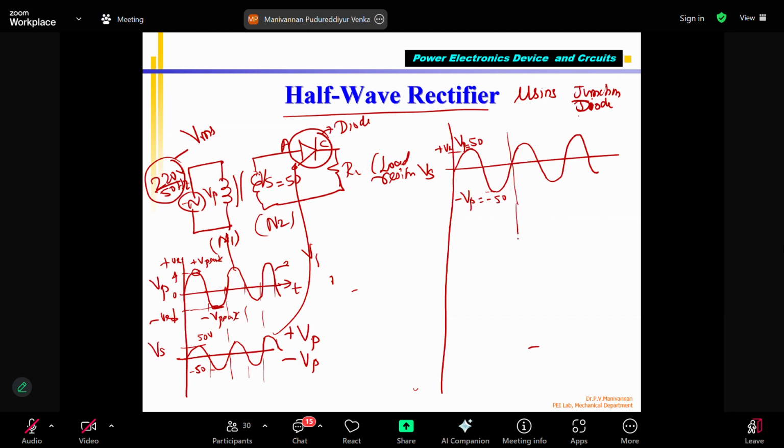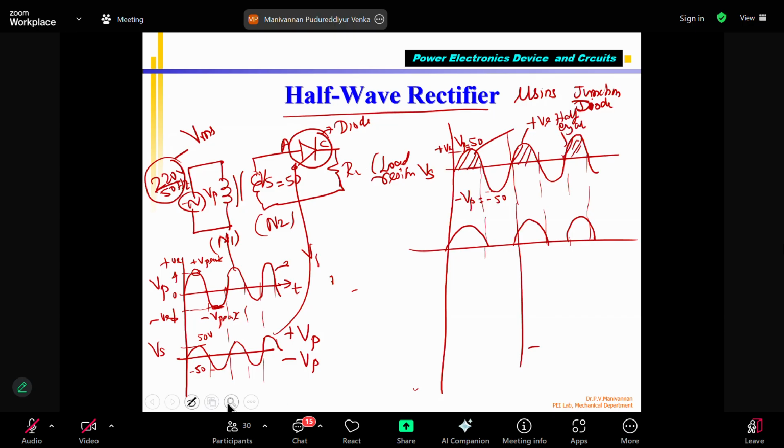Okay. Now, this is passed as input to the diode. So what will be the diode output? The diode output will be like this. This is called a positive cycle. Because it is going to repeat itself, this is called the positive half cycle.